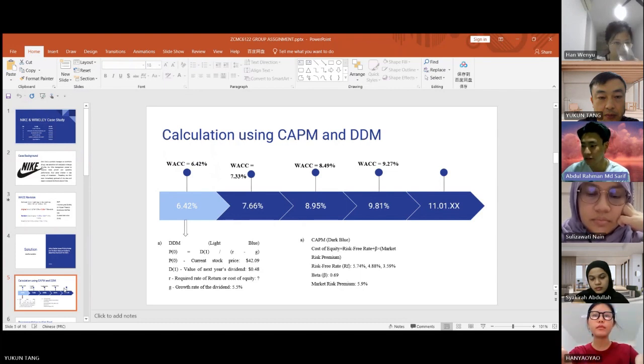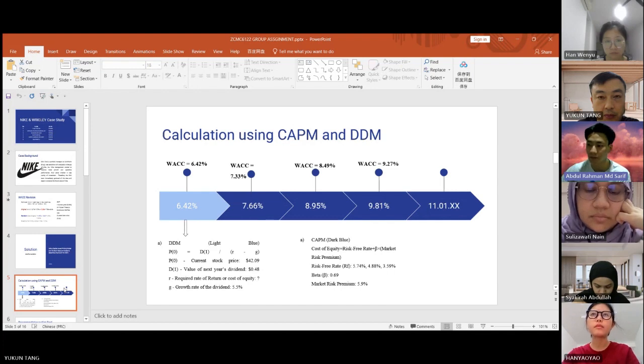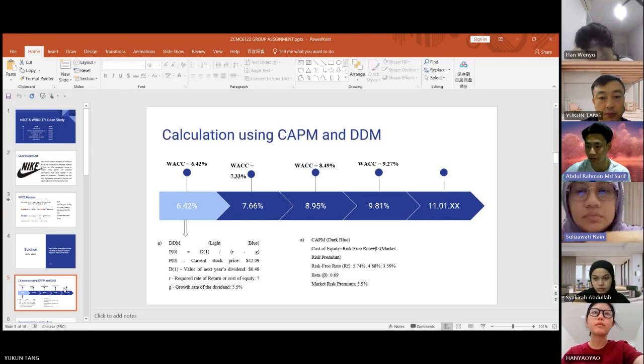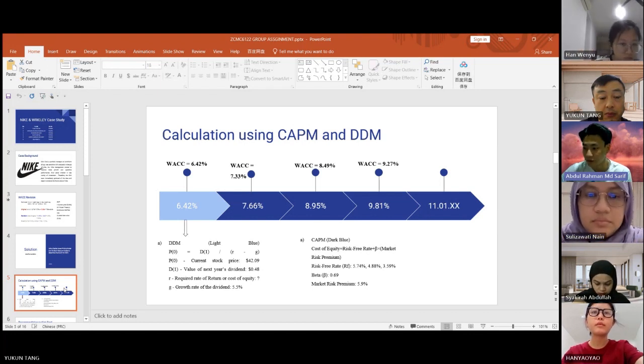The advantage for DDM is that it's good for companies with stable dividend payouts. It is suitable for a more mature company or industry, and it is also simple and a long-term perspective rather than a short-term approach.